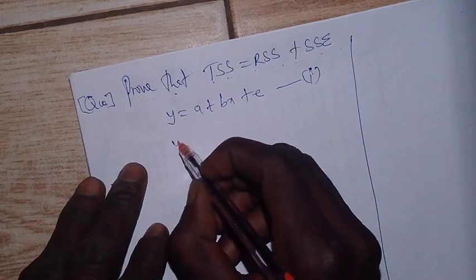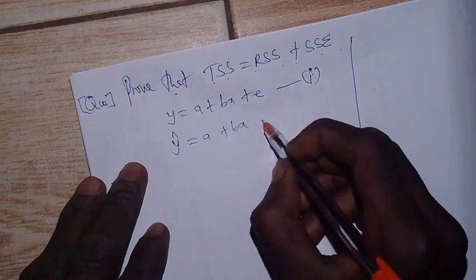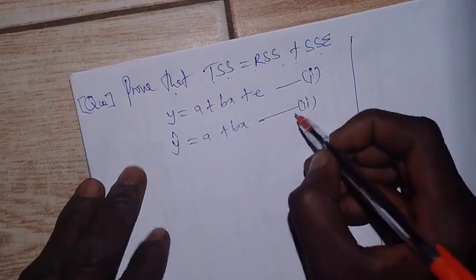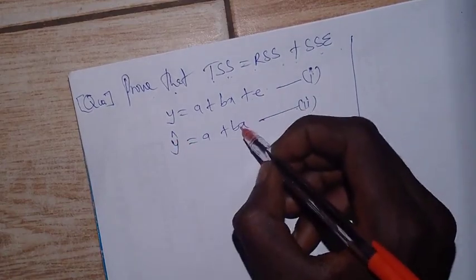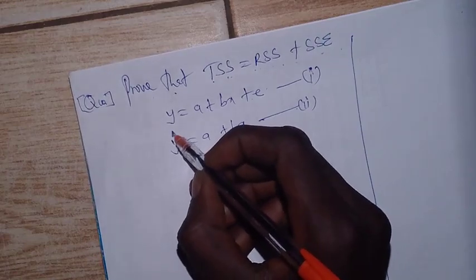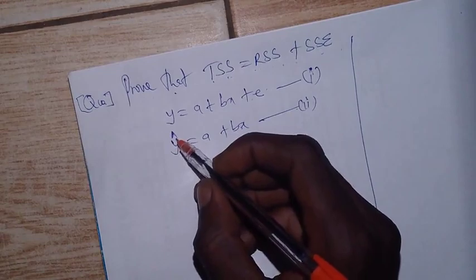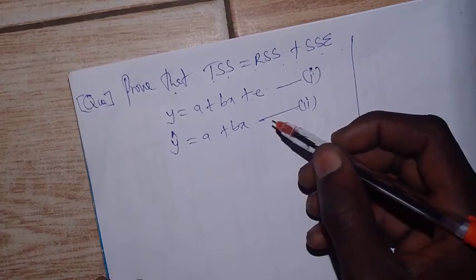Then the estimation equation: y cap is equal to a plus bx. This is equation 2. The estimation equation has no error. That is the difference. It carries a cap, and it has no error, right?